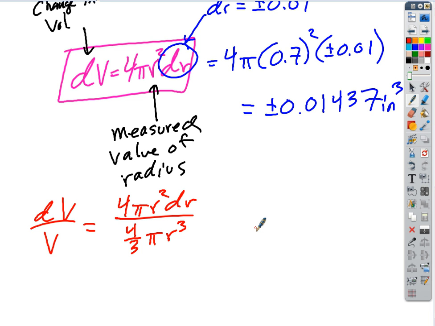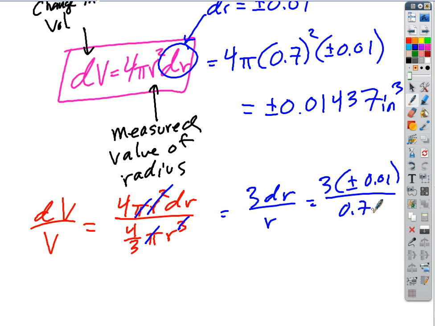So I can do some fancy stuff there. The pi's cancel and r squared cancels. And 4 divided by 4/3 is the same as 4 times 3/4. So isn't that just 3 dr over r? And so we get 3 times plus or minus 0.01 over 0.7.